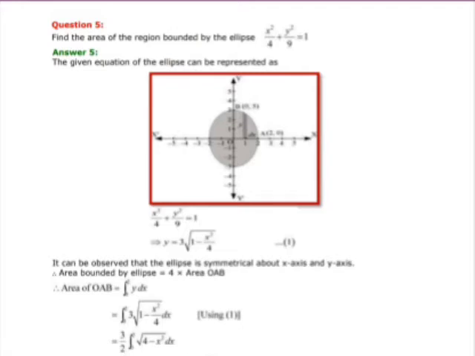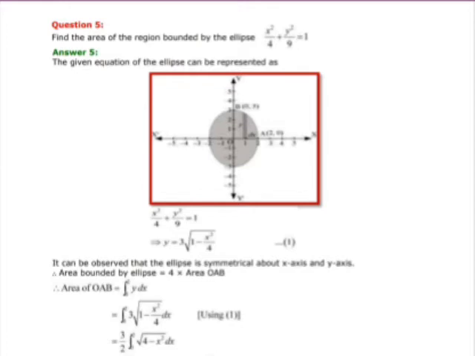So the given equation of the ellipse can be represented as, let's see, x square by 4.